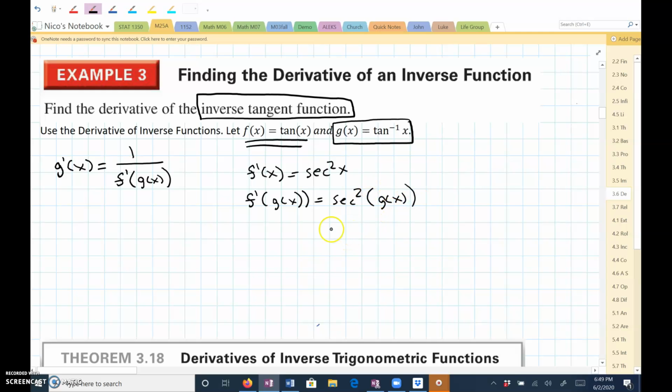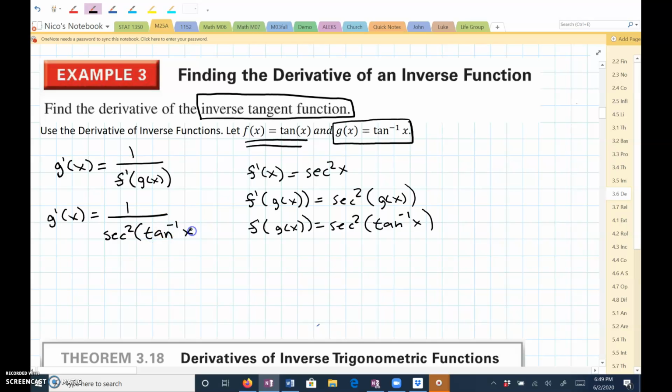And then we know that g of x is equal to the inverse tangent of x. So we have this. The derivative of the inverse would be 1 over secant squared of the inverse tangent of x.